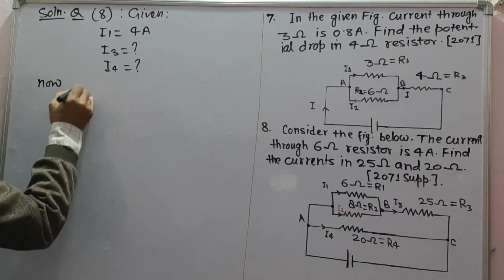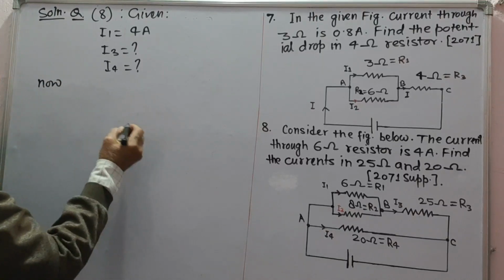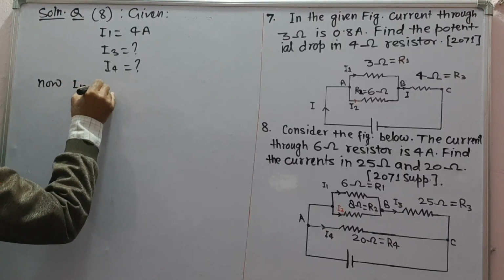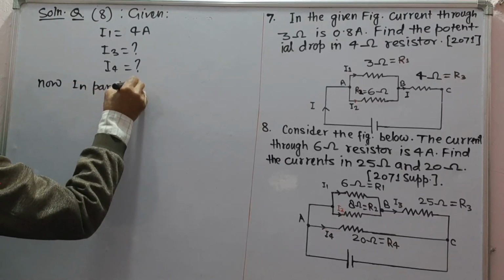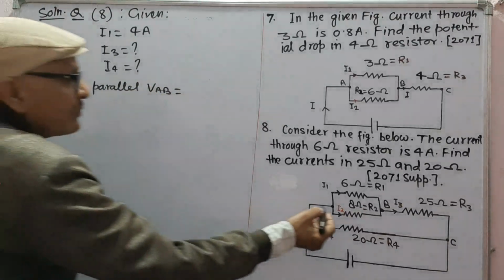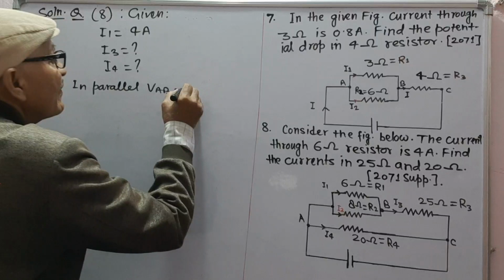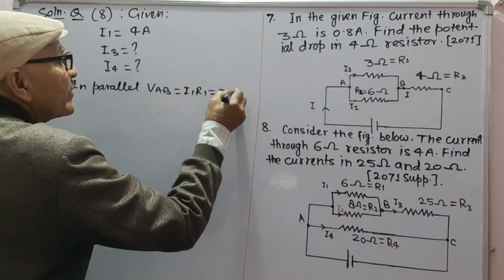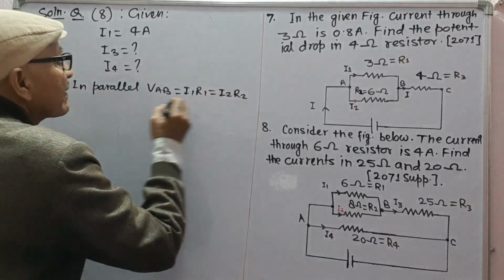Now, in parallel, potential difference between A and B will be equal to I1 R1 is equal to I2 R2.